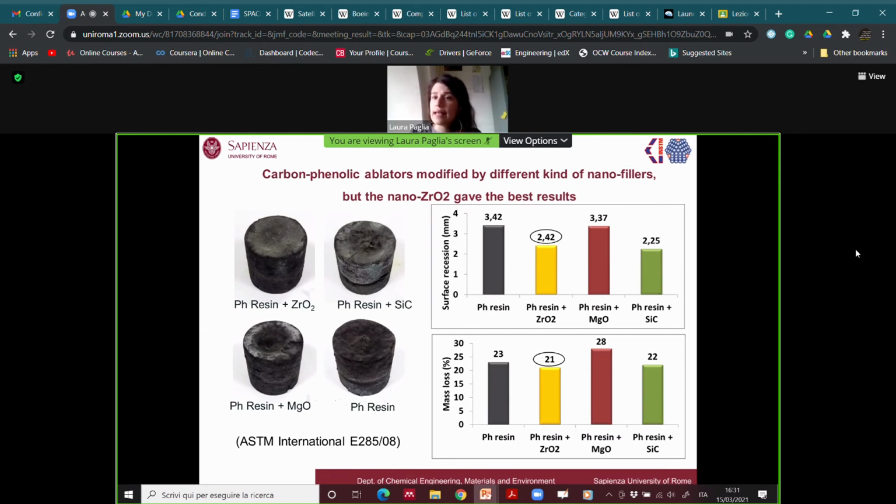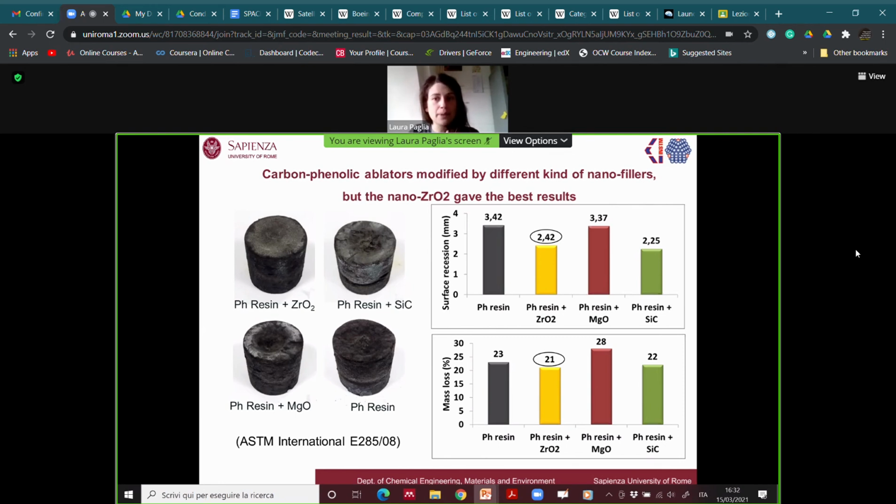And in this case, for example, we observed that not always are we able to obtain good results. And zirconia always gives the best performance of these materials.